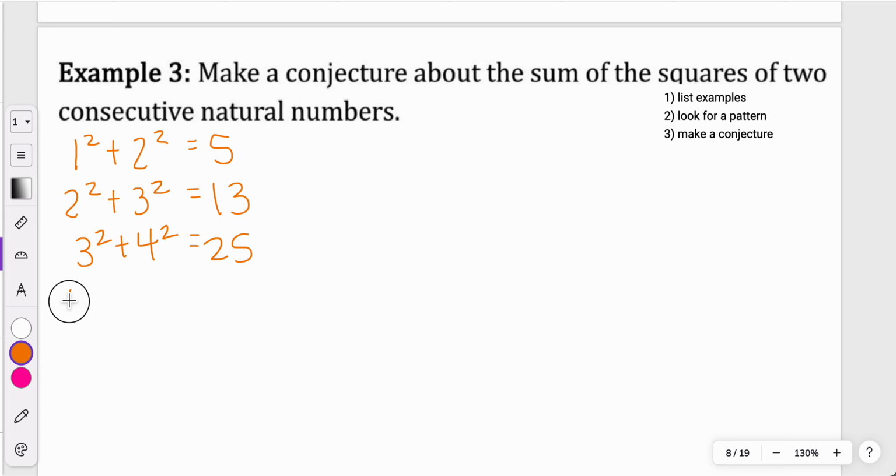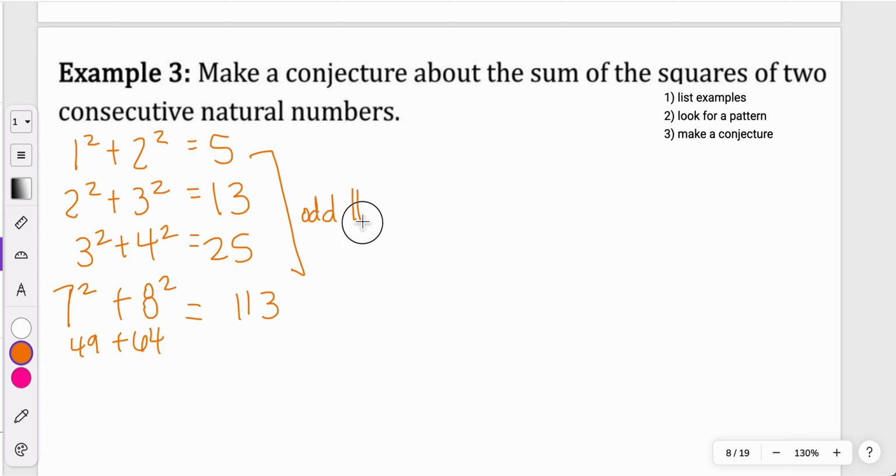Let's do even like 7 squared and 8 squared. 49 plus 64 is 113.